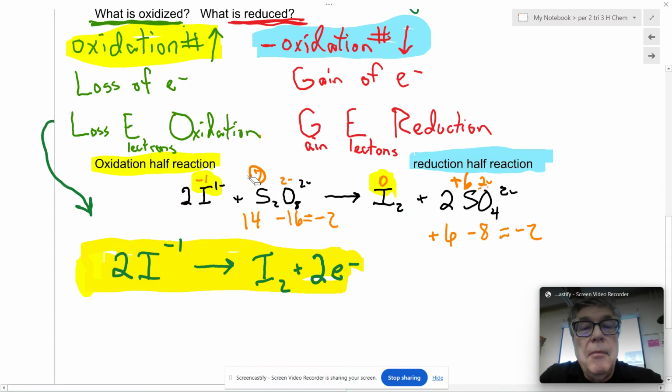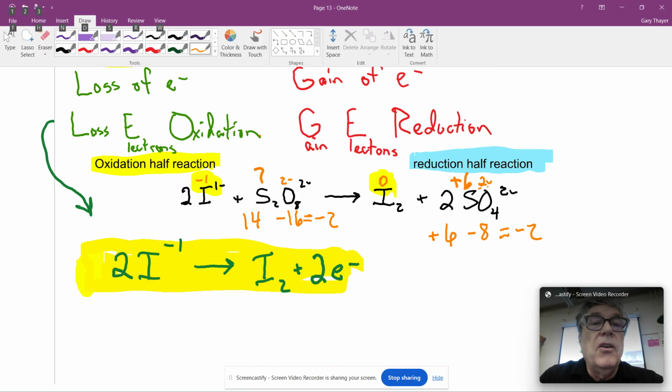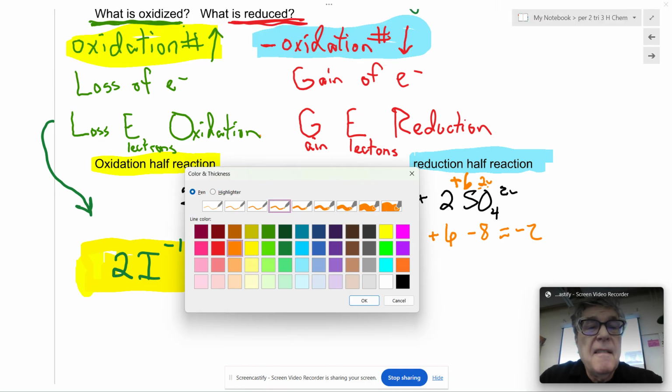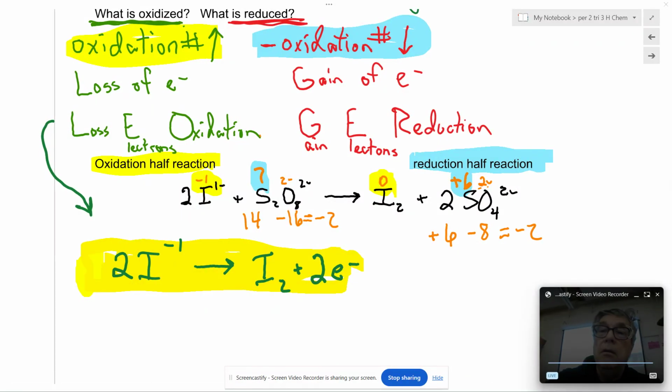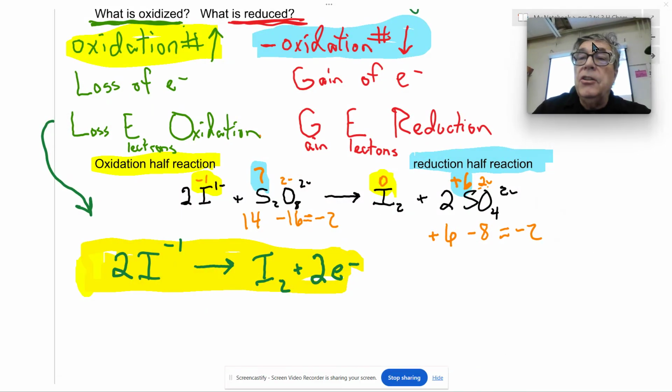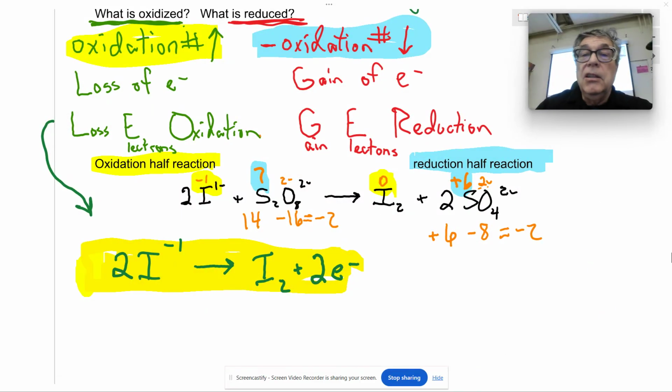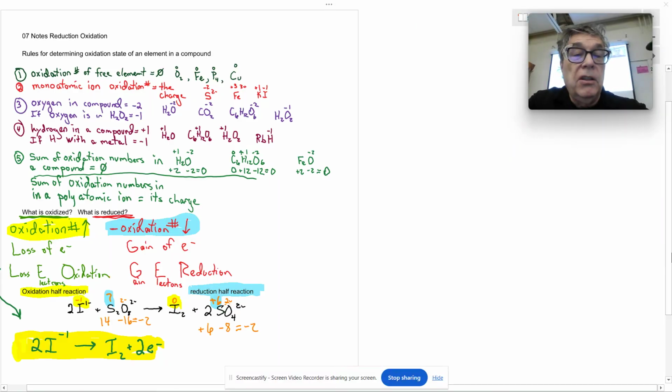I need to get my blue highlighter back again. The sulfur went from 7 to 6. The sulfur went down. So our reduction half reaction will have the sulfur going down.